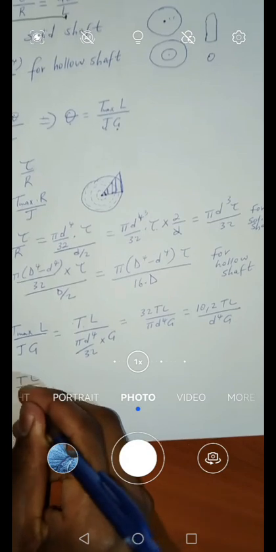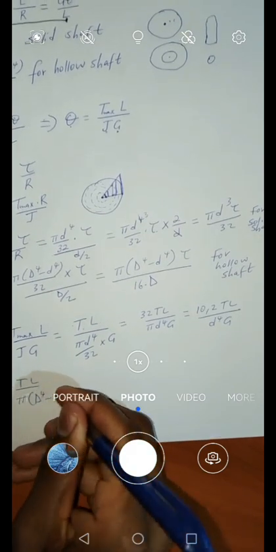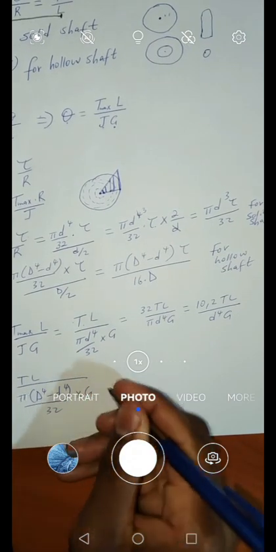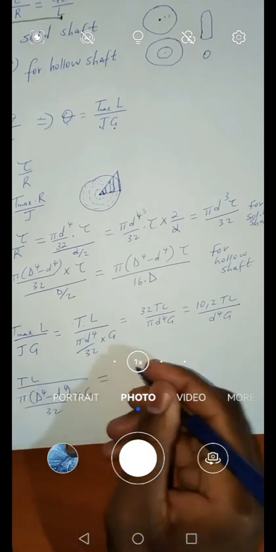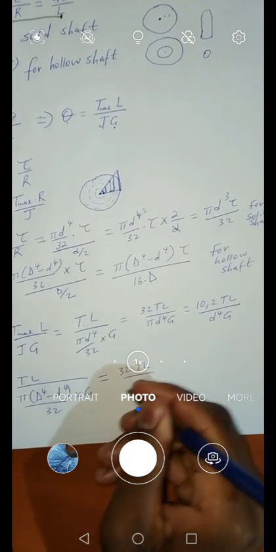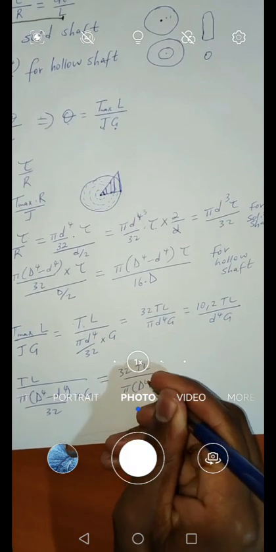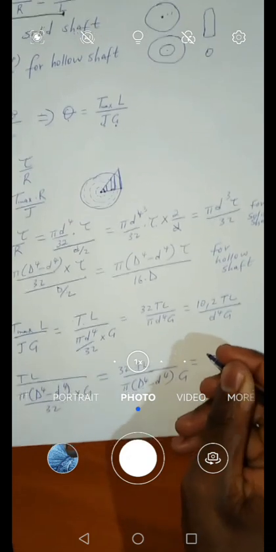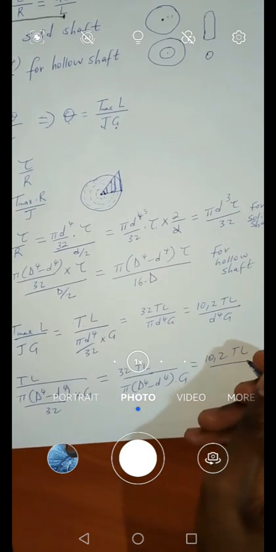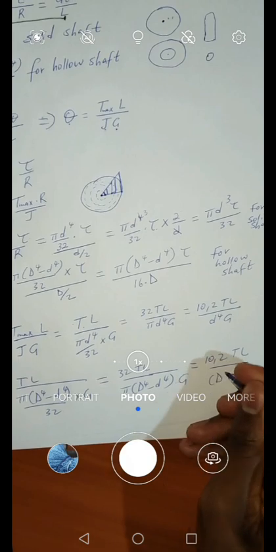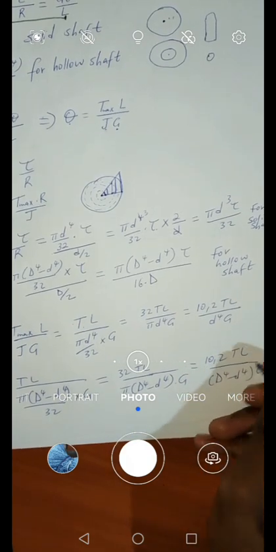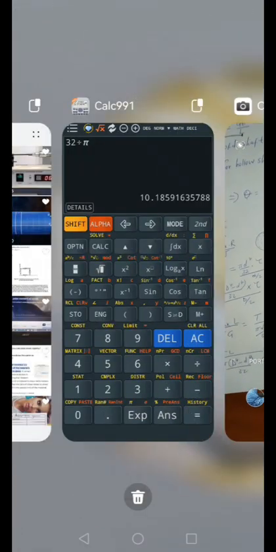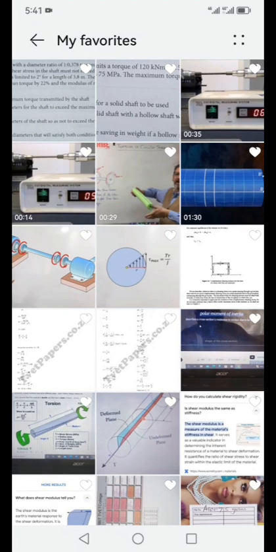TL pi for hollow shaft, J will be this over 32 multiplied by G. Then you will remain with 32 TL over pi d to the power 4 minus this, G equals 10.2 TL over this G. So these formulas are the ones that will be given to you from the formula sheet.